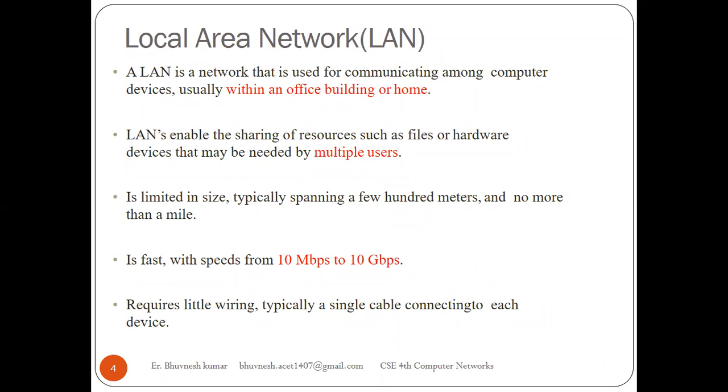Next point is it requires little wiring, typically a single cable connecting each device. When you create a network, we connect two PCs with each other. They require some media, and that media can be wired or wireless.